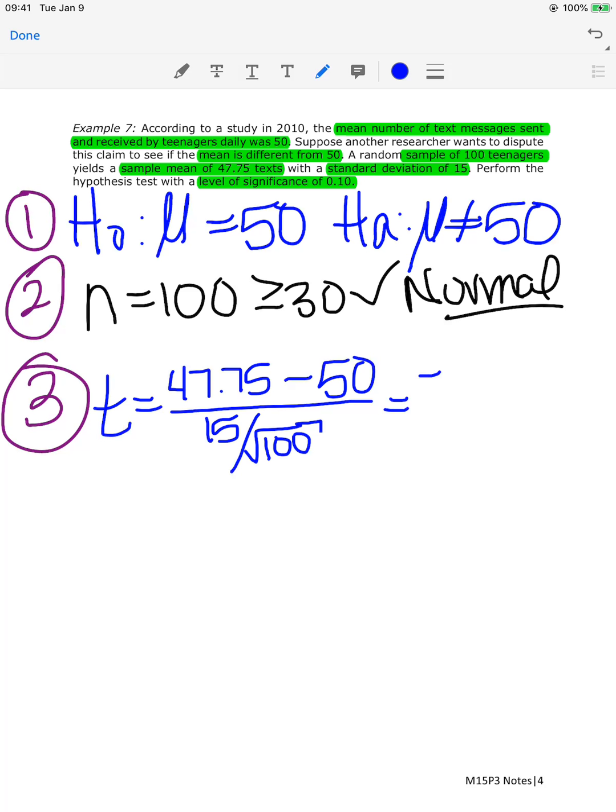So this is negative 2.25, right? I'm doubting myself right now for some reason. Negative 2.25. 15 divided by the square root of 100 is 1.5. So our t-value, our test statistic, is negative 1.5.